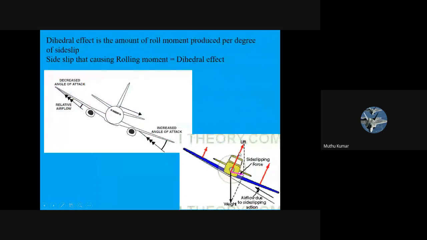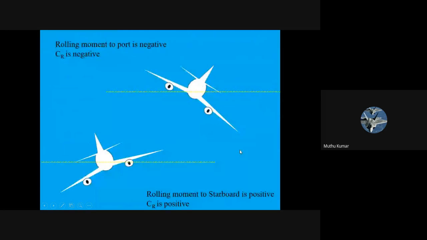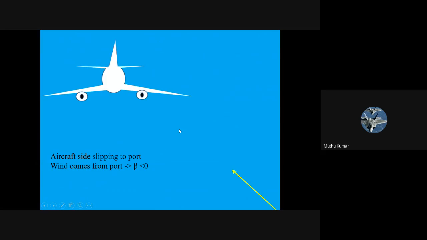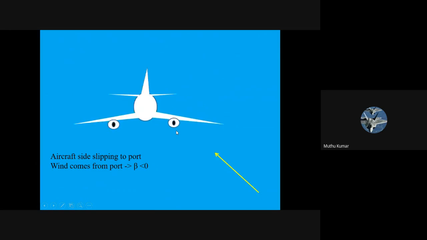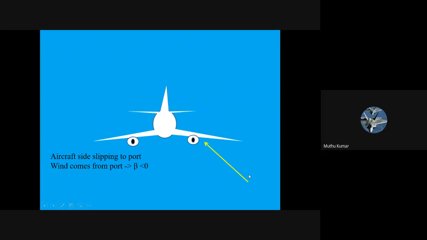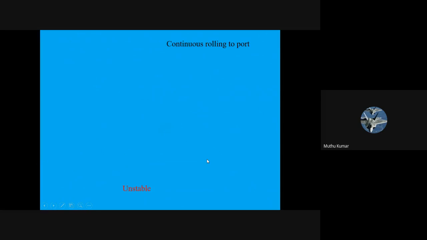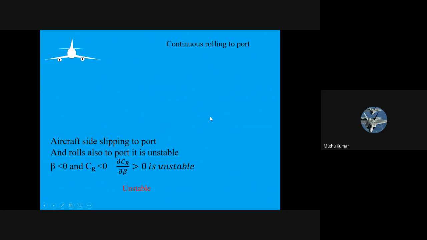Okay. So the scenario is this. Is positive. So rolling moment is called C_R. Okay. So if the aircraft moves in a port direction, the side slip is going to be in a negative direction. If it moves continuously towards the port, okay, so that is unstable.